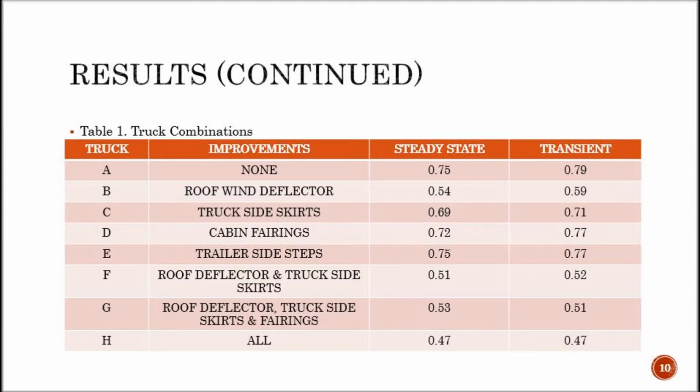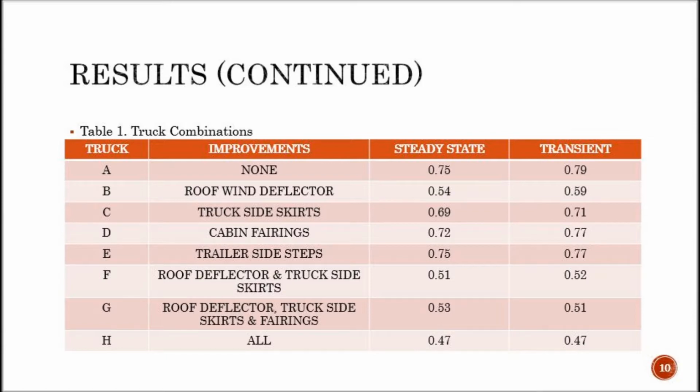The resulting drag coefficients were 0.79, 0.59, 0.71, 0.77, 0.77, 0.52, 0.51 and 0.47 for trucks A through to H respectively.